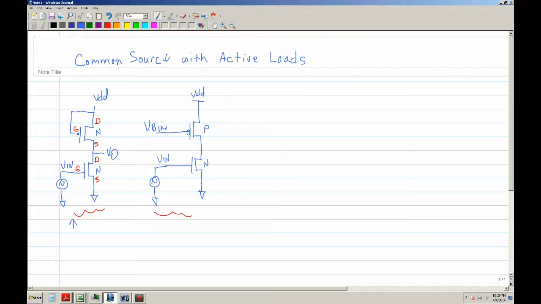What you want to notice is that you have the gate connected to the drain. This is what some people call a diode connected MOSFET.